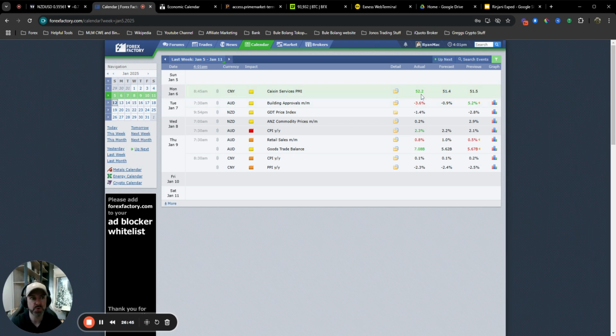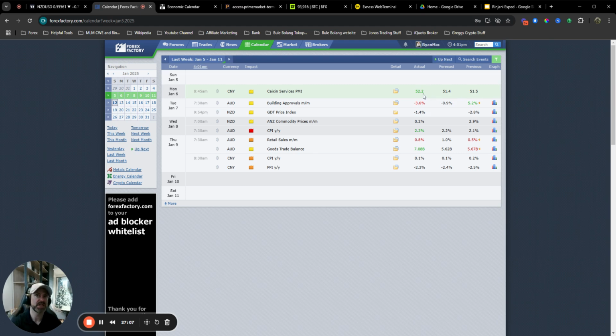What you have to remember is what these numbers mean. And it's very, very simple. Anything above 50 means bullish, means things are good. Anything below 50, literally from 49.9 downwards, means bearish and things are not looking so good, right? So as we can see here, not only is this bullish, but it's actually getting better because it went from 51.5 to 52.2.